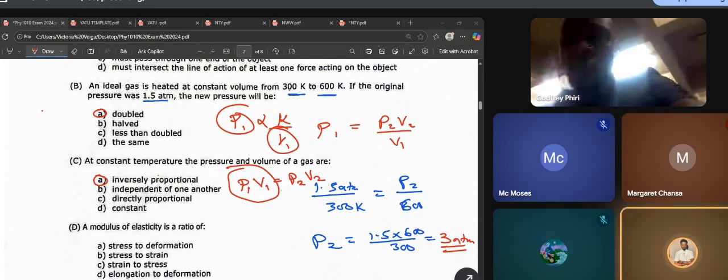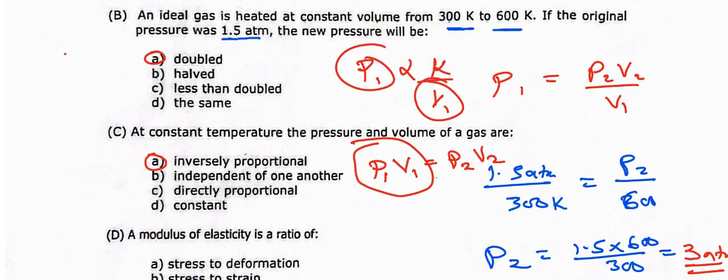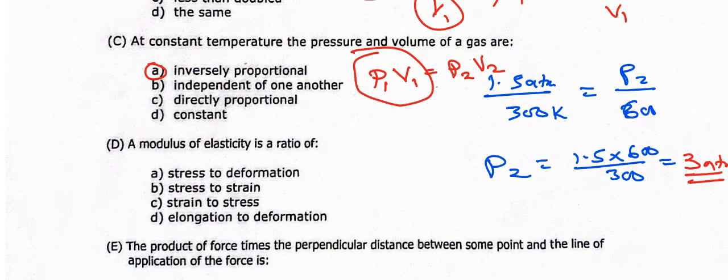Then the next one, look at number D. They are saying a modulus of elasticity is a ratio of... So what's the modulus of elasticity? What's the expression that we use?